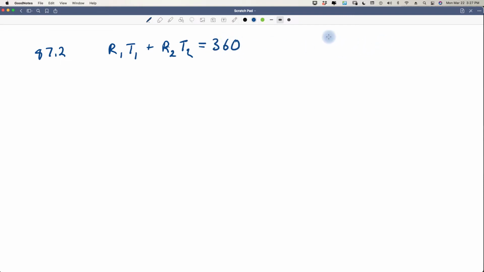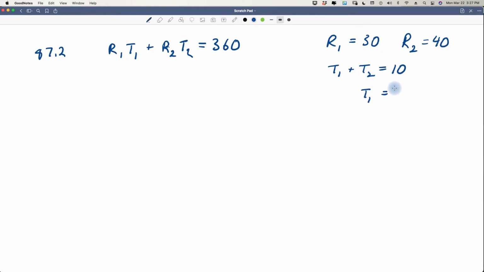Then we're told that R1 equals 30 and R2 equals 40, and that T1 plus T2 equals 10. So we're going to just subtract T2 because this is the easiest one.